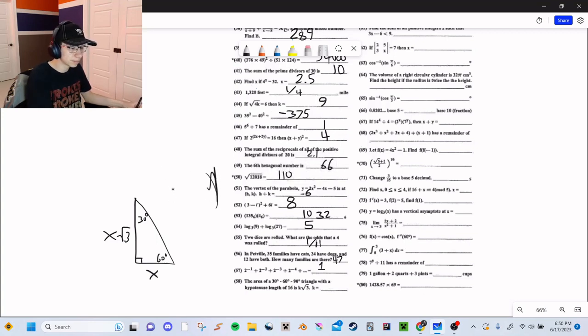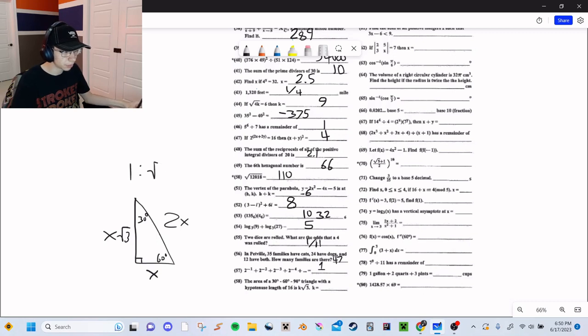Okay, that's better. So, the leg across from the 30-degree angle, the shortest leg, is x. If it's x, then the length across from the 60-degree angle, the other leg, is a length of x times the square root of 3. The hypotenuse, then, has a length of 2 times x. So the ratio is always 1 to root 3 to 2. Okay? And we can use this to help us solve for the area.